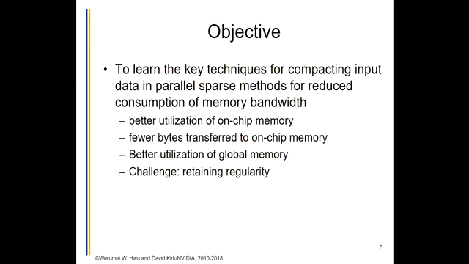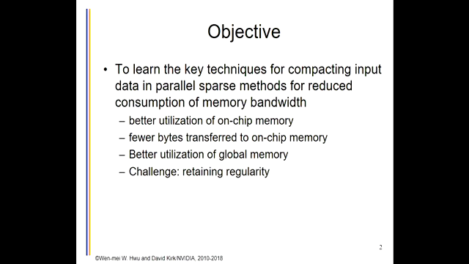This is a very important beginning point for understanding how people do very big data analytics, because big data analytics invariably involves a huge amount of data, and often in the real world the data is sparse, and I'll go into that a little bit. So the sparse methods invariably use compaction techniques.